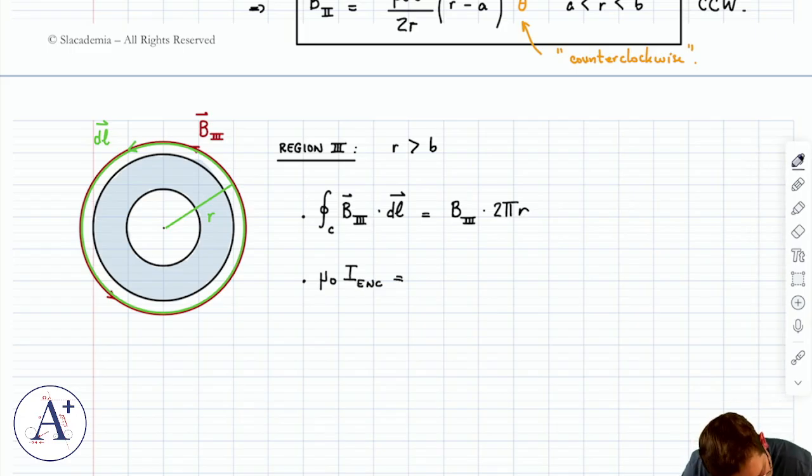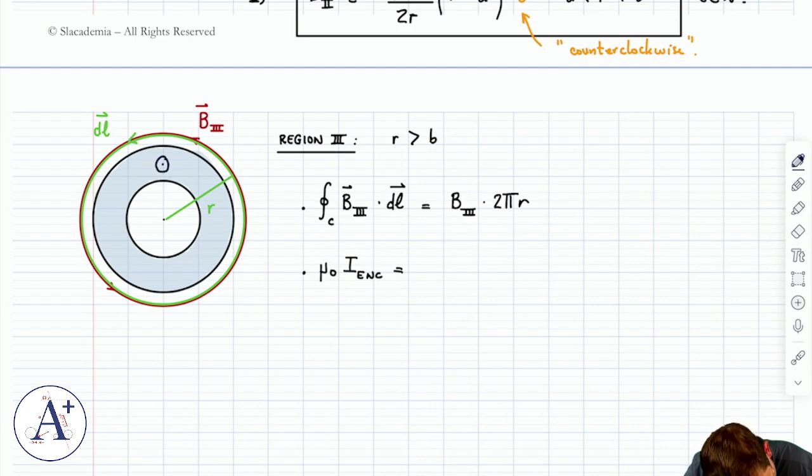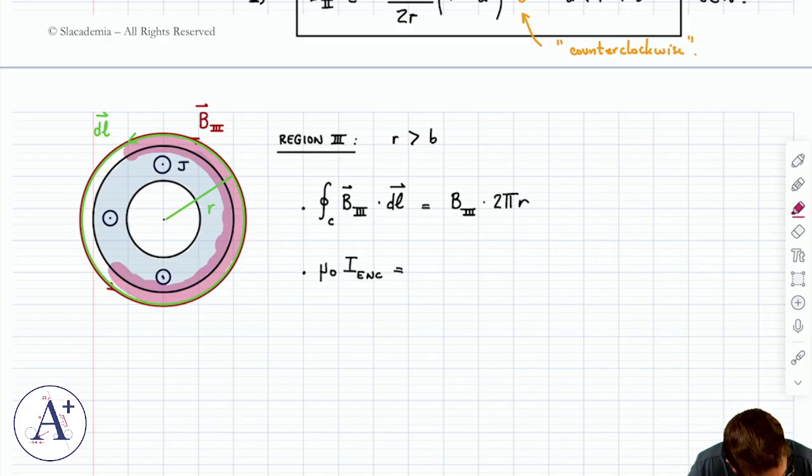Okay, well, again, I have J, current per area, coming out of the page through the thickness of this cylindrical shell, through the wall of this cylindrical shell. But of course, I now encircle all of that shell. So I need to take J and multiply it by the relevant amount of area. But I have to be careful, I don't want to overcount.